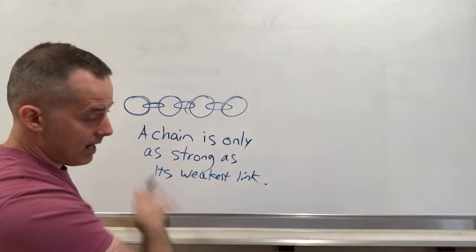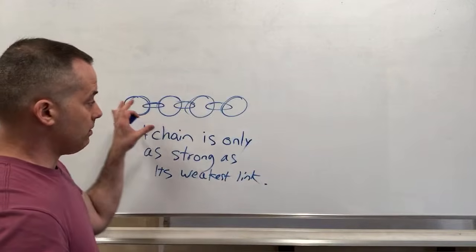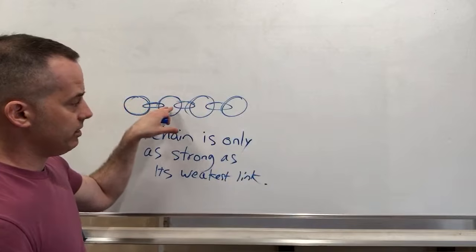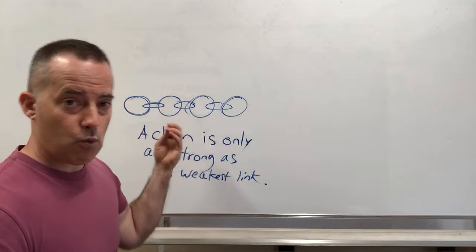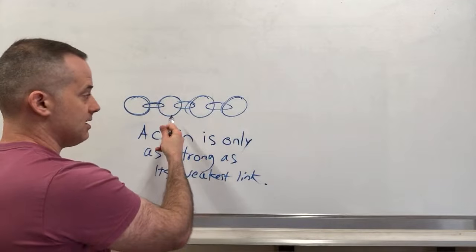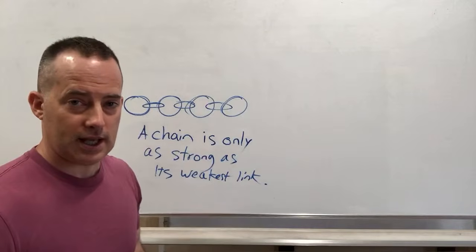This is the same idea that applies to all of your communication skills. As an example, maybe you know a lot of vocabulary, but you feel very shy. So if the weak link in your communication chain is shyness, then that's going to be the biggest thing stopping you from communicating.